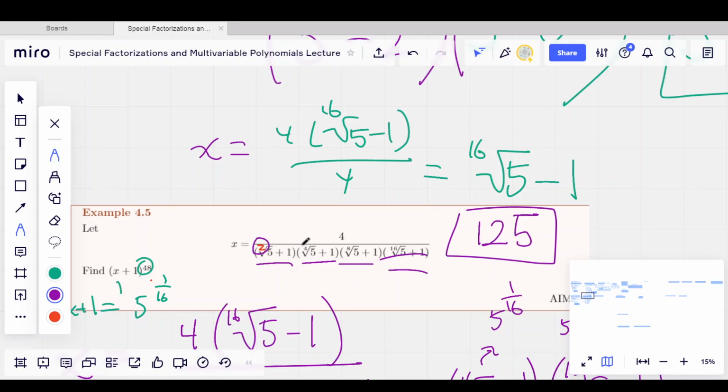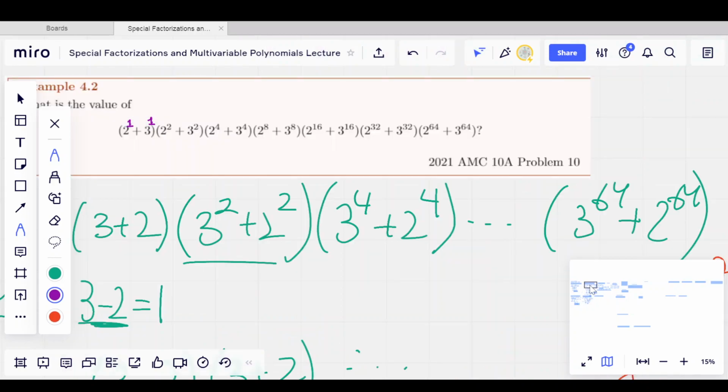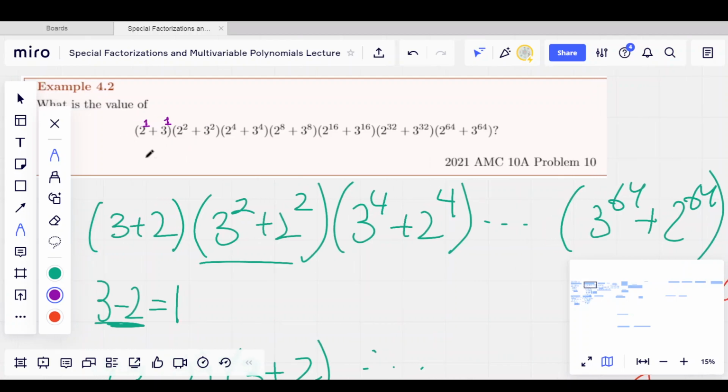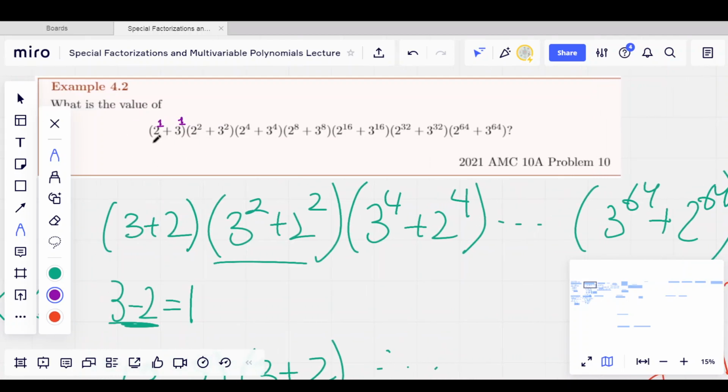Okay, so notice that there's a common theme for difference of squares, just like difference of cubes. If the exponents differ by powers of 2, then you should think about collapsing it using difference of squares. As we saw, we multiply by 3 minus 2 in order to collapse this term, then this term, and so on.